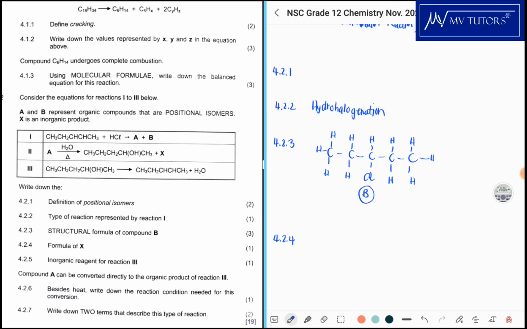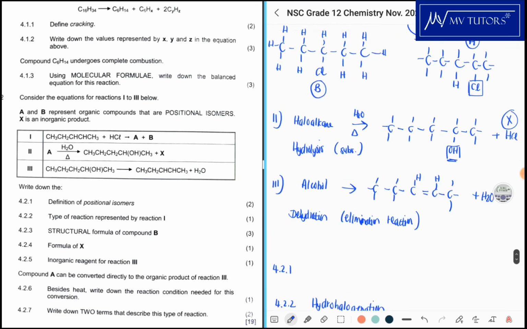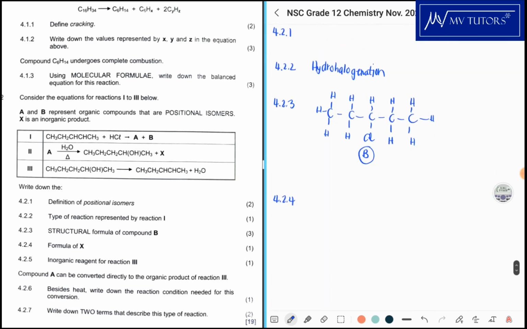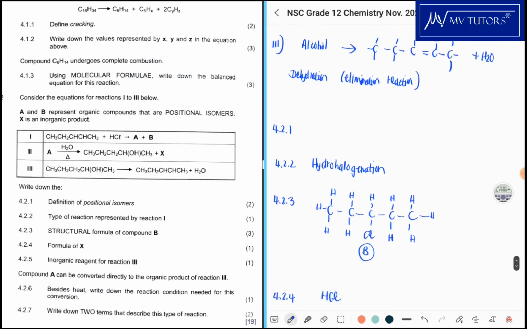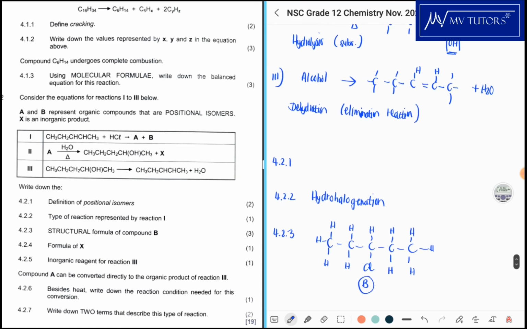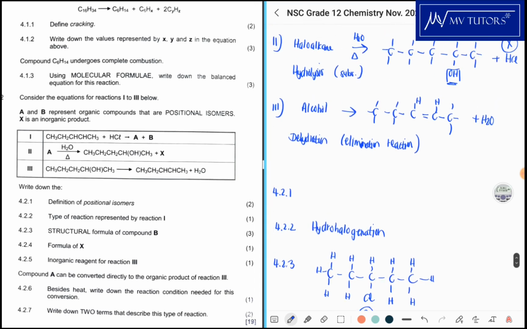And then 4.2.4, the formula of X. We did say that it's hydrogen chloride, right? And then 4.2.5, write down the inorganic reagent for reaction 3. So for dehydration, we took out H2O. No, it's not dehydrohalogenation, because from your alcohol, this is just dehydration.